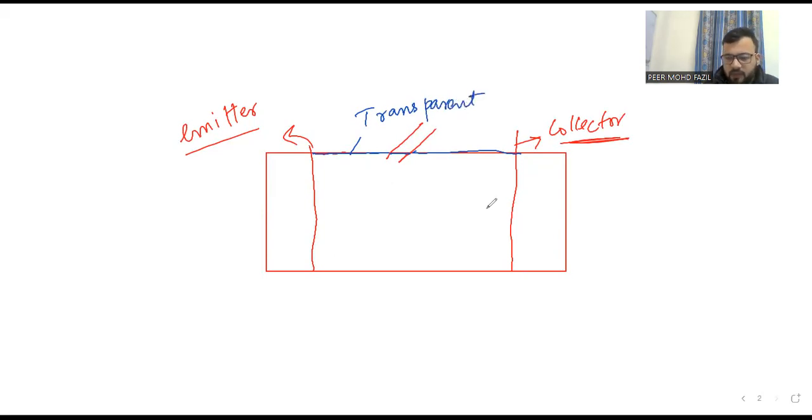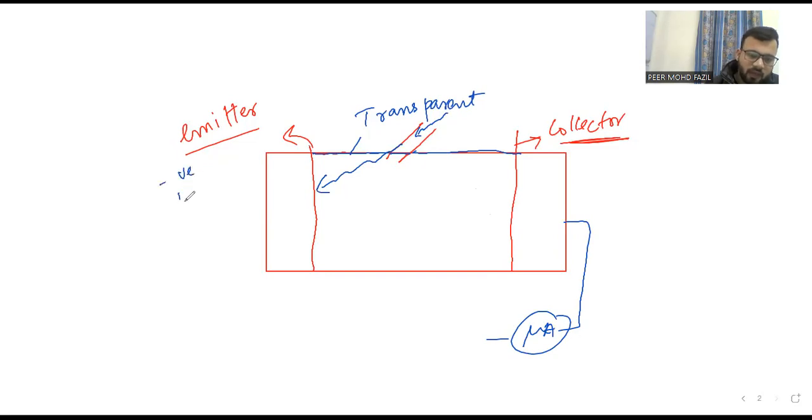See, dear students, the experimental setup is very easy. Then we have to understand what will happen if we change the frequency or change the potential. This is connected to a micro ammeter. When light of suitable frequency falls on this emitter plate, which is maintained at negative potential, electrons obviously get ejected from it, and the collector is maintained at positive potential.